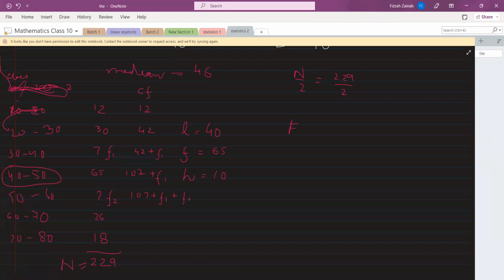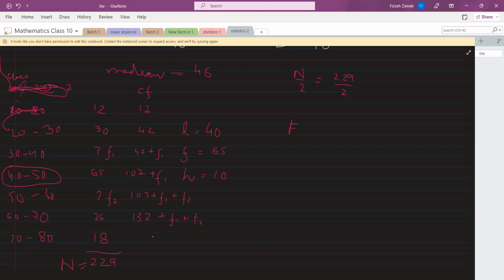Is this understood? Now add 25 into it. So 5 and 7 is 12, carry 1, so 3, and so it will be 132 plus F1 plus F2. And then you add 18 into it.